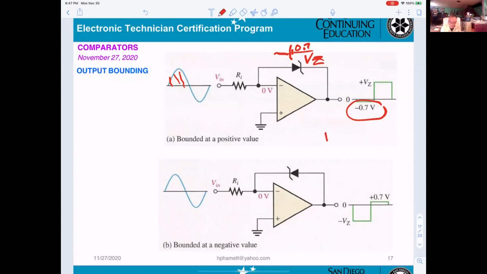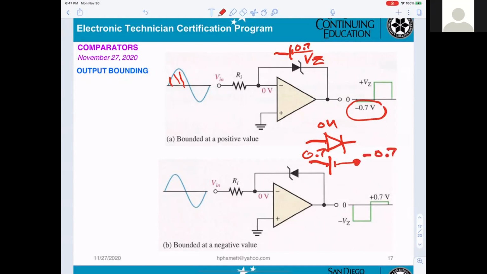If you get a diode this way and it's on, I said substitute it by a battery: positive here, negative here, and the value 0.7. If you're on this side, then you have to get minus. If you're on the other side, you get 0.7. All right.